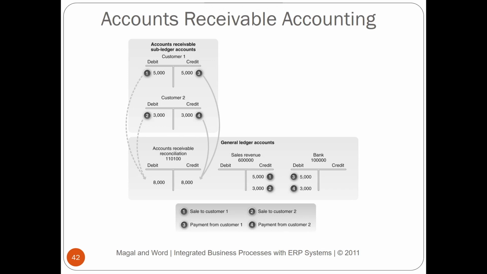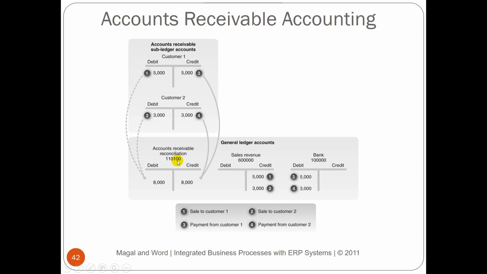You can see in this photo the sample for GBI. The reconciliation account is accounts receivable, and the code number is 110100.